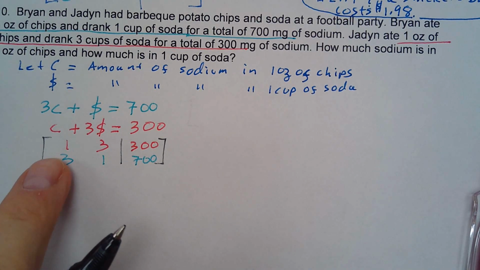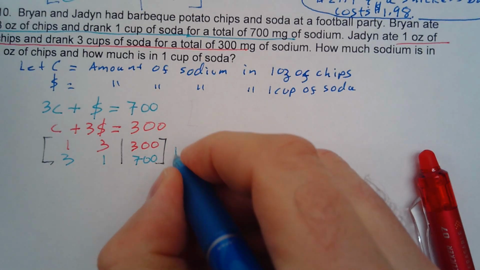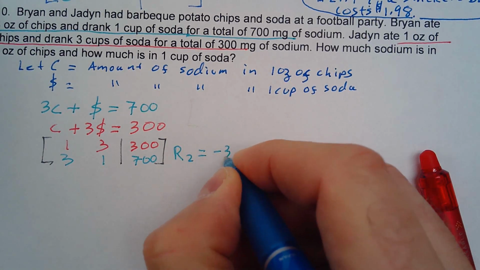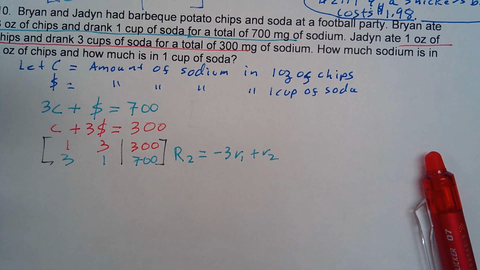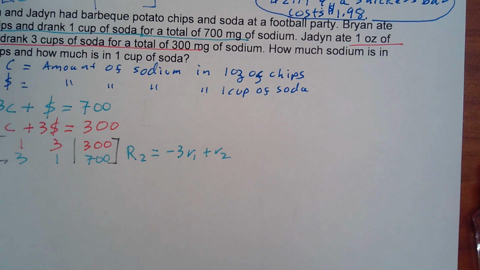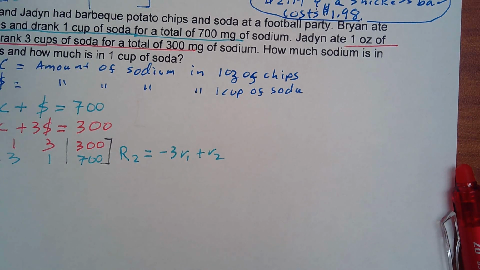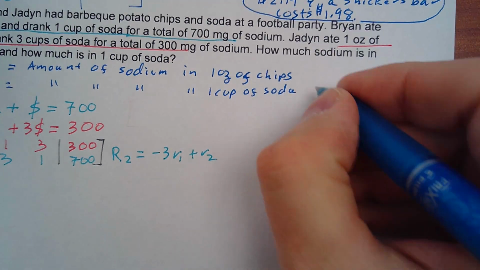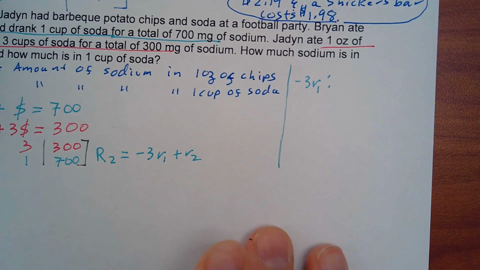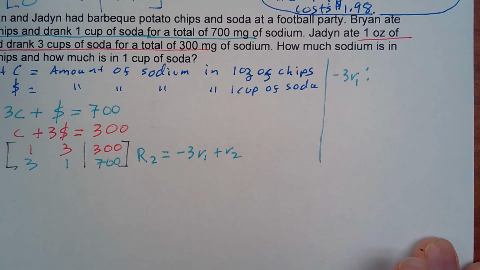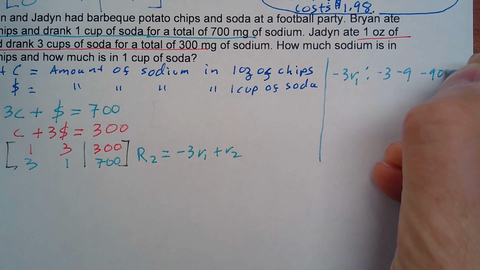So now I'm going to multiply row number 1 by a -3 and add to row 2 and make that my new row number 2. Again, if you need to go off, do it to the side. Nothing wrong with that. So I've got a -3 row 1. This would be a -3, -9, -900.